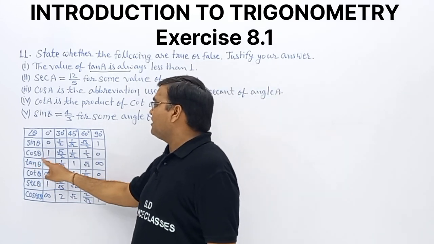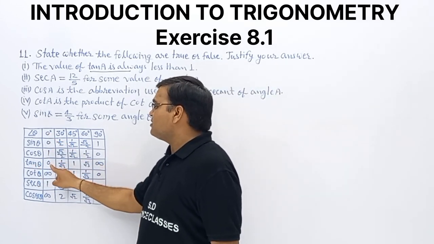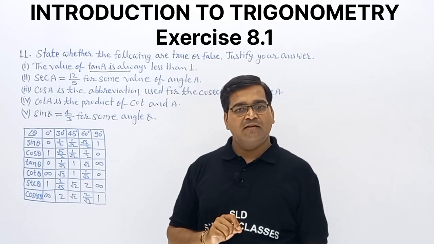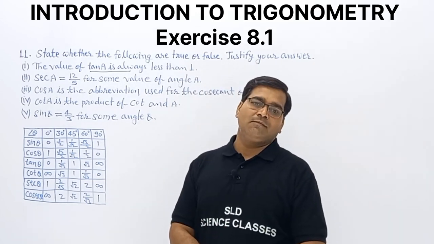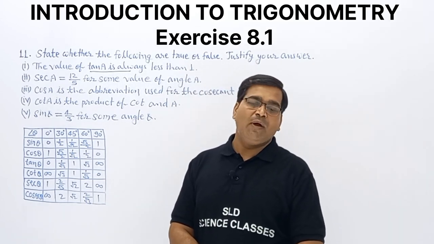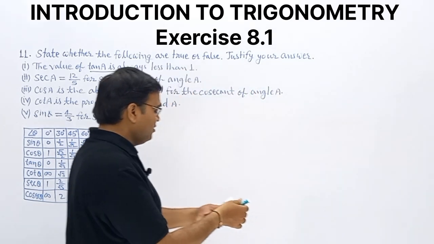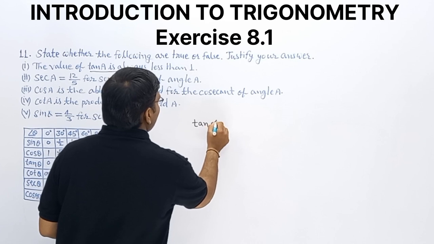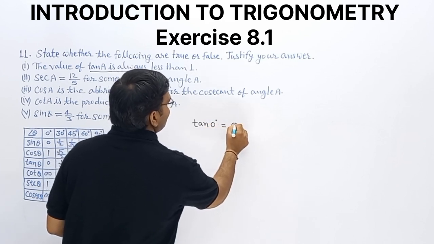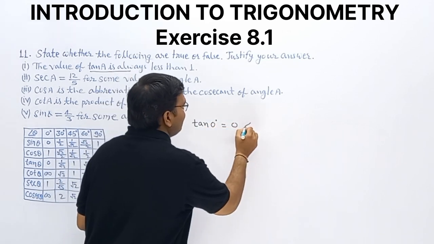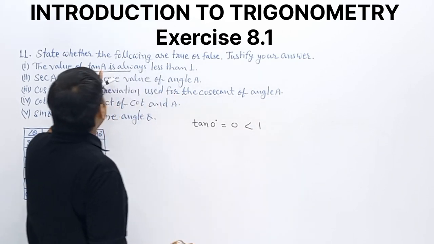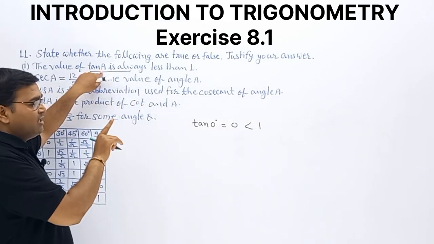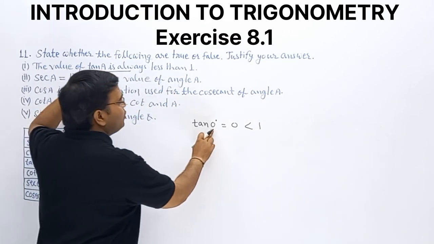Observe. Tangent theta at 0 degree is 0, and it is less than 1. The condition is true when we use 0 degree.